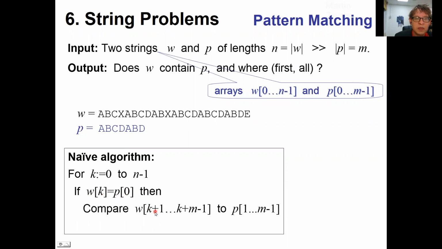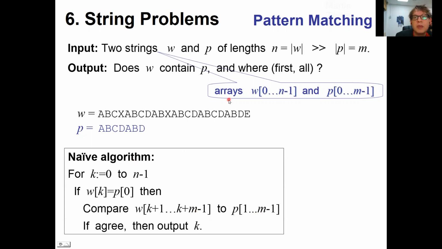So compare the next character and the next character and the next character in the input string to the next characters in the pattern. And if these also agree, then we have a match. Then output K, the index of the input string where the first match happens.